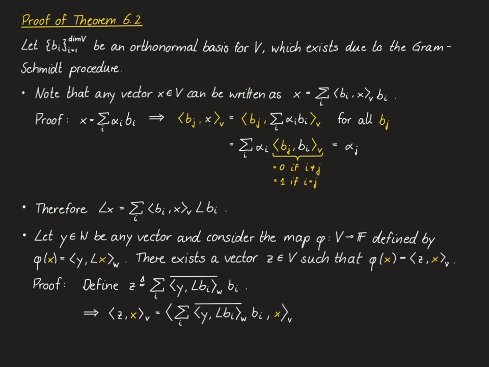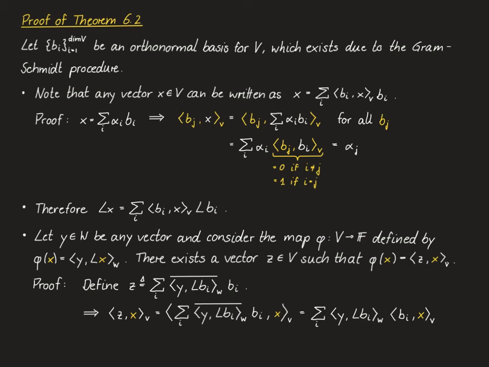So let's start with the inner product of z with x and substitute this expression for z. Now we can use conjugate linearity in the first argument to pull out the sum and these scalars. Note that by conjugate linearity, when we pull out these scalars, we have to take their complex conjugate, and hence the line above these scalars disappears.